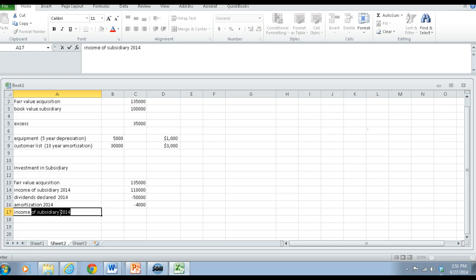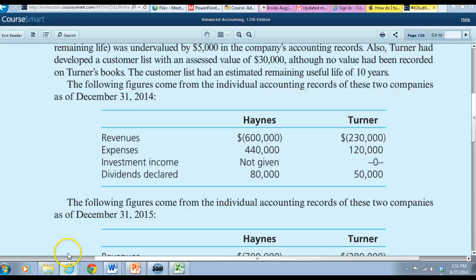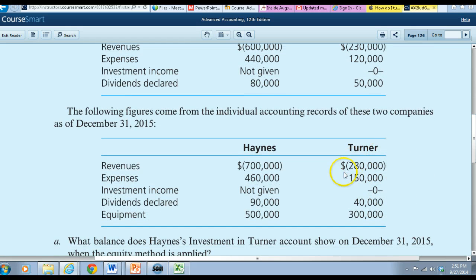Now the income of the subsidiary for 2015 shows that we've got 280 in revenues and 150 in expenses, so that would be a $130,000 income accrual. The dividends declared were 40.